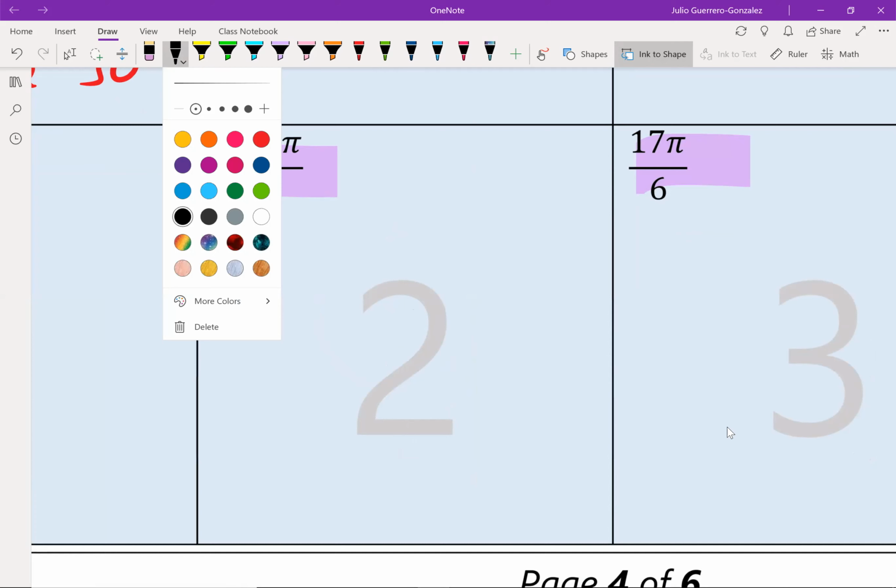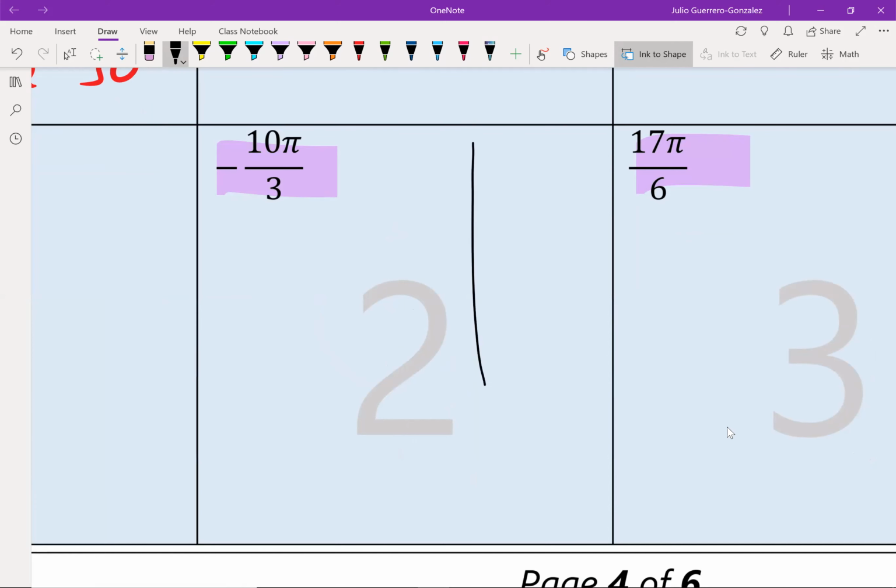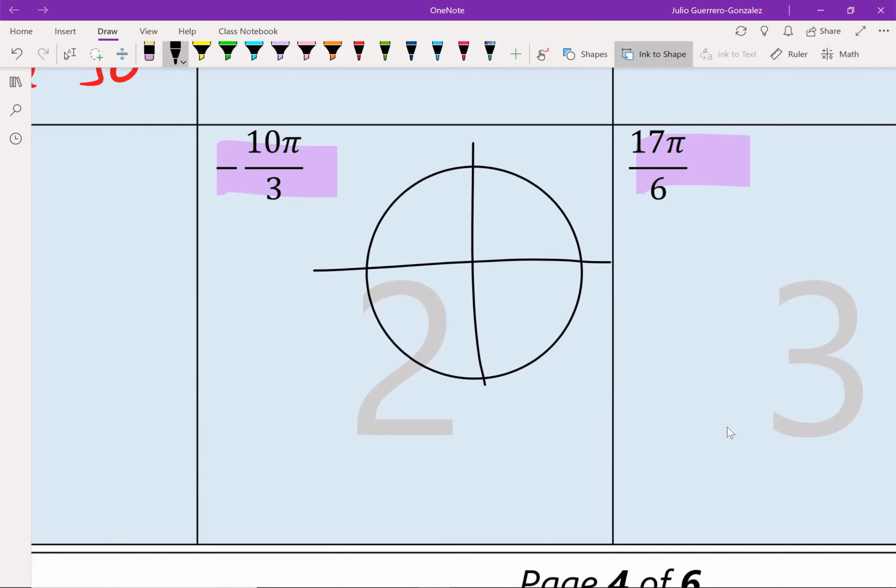Just a little bigger. Okay. So I know my pi over 3, so 1, 2, 3, 4, 5, 6. So we know how these go.